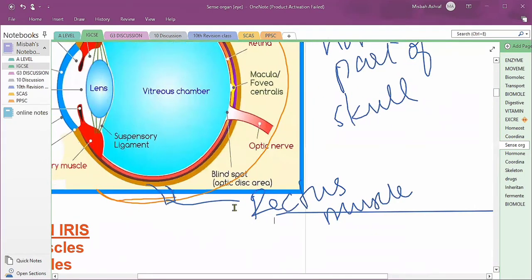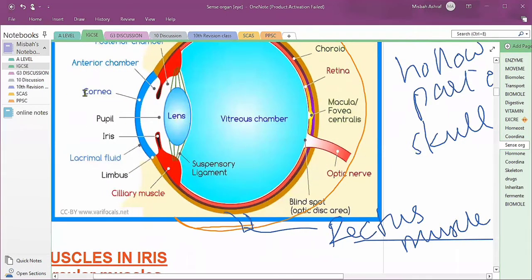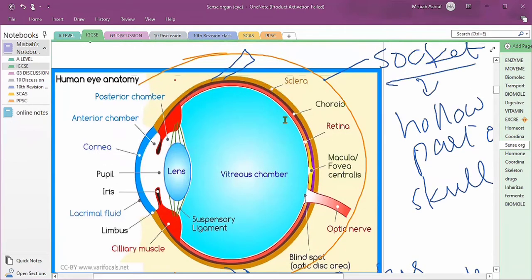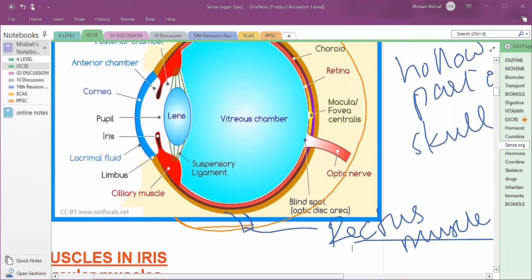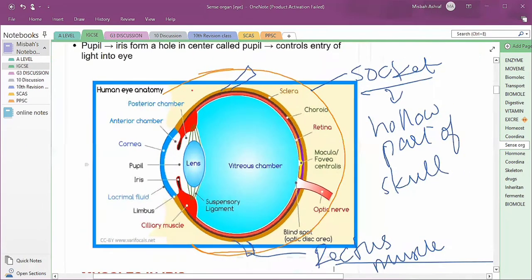They allow some degree of movement of the eye. Our eye can be rotated a little bit towards the right and a little bit towards the left, but it cannot be rotated 360 degrees. It cannot be completely rotated back. It can be rotated to some degree because of these rectus muscles which attach our eyeball to the socket of the skull. Because of this we can move our eyes a little bit but not completely.